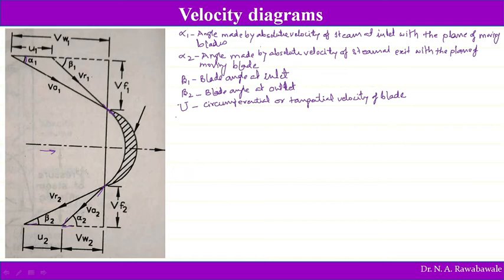Then VA1 is the absolute velocity of steam at inlet of the moving blade.